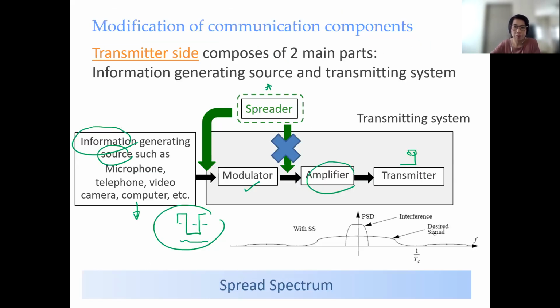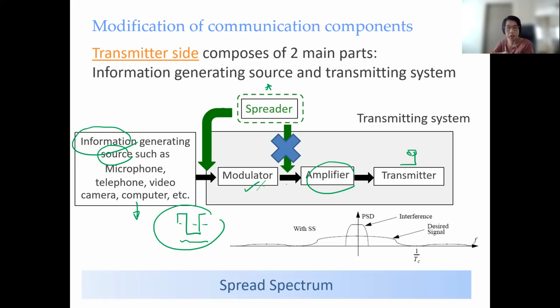So the spreader block of the frequency hopping will be here. It is modulated already, and then you just jump the package within the predefined frequency pattern.